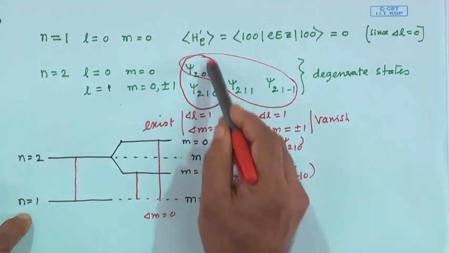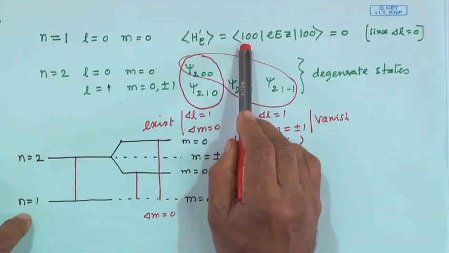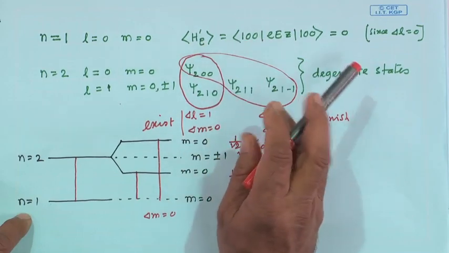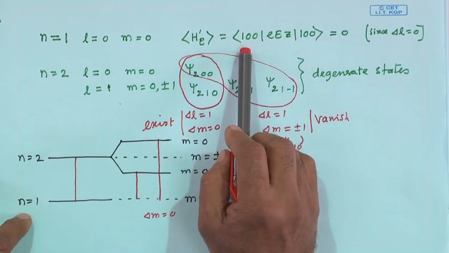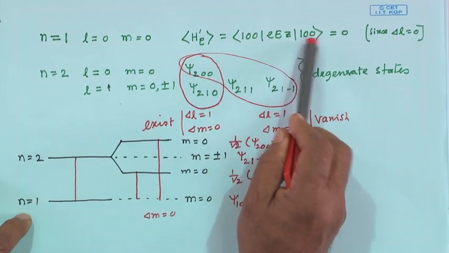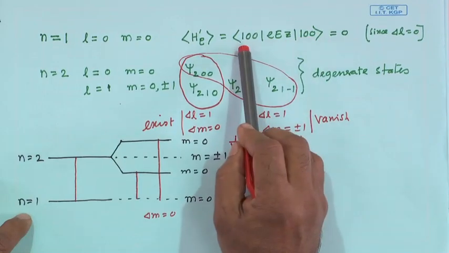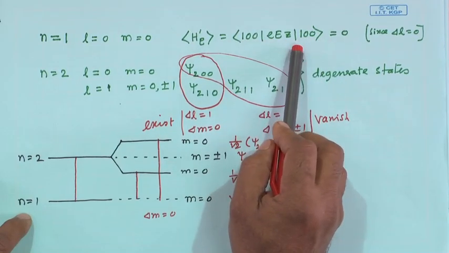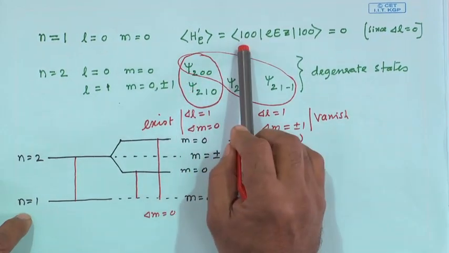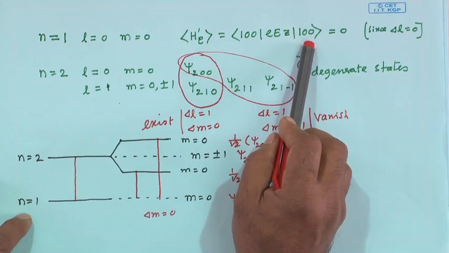Now, if you take these two, calculate the expectation value between 200 and 210. Here n is the same, but L is 0 in one and 1 in the other, so del L equal to plus 1 or minus 1.